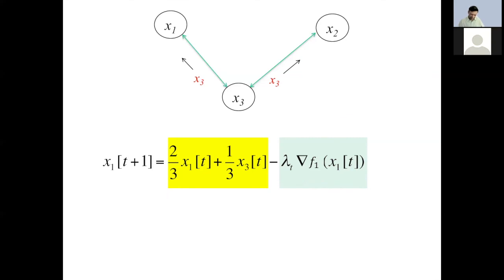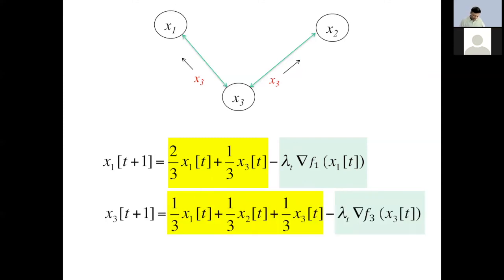Okay, so this looks just like averaging. This looks just like gradient descent. And agent 3 does the same thing. This is the consensus step, which is what we did for averaging as well. And here he's taking the gradient of function 3 because he's agent 3, at the current estimate at agent 3, and taking a step in the negative direction of that gradient.